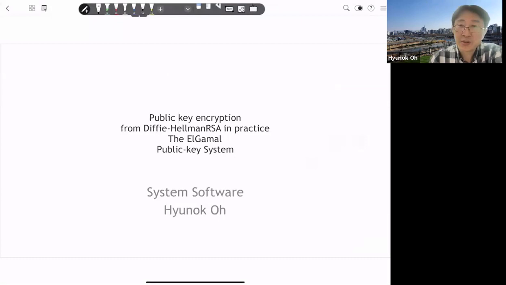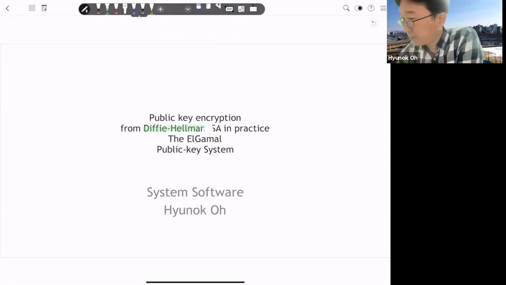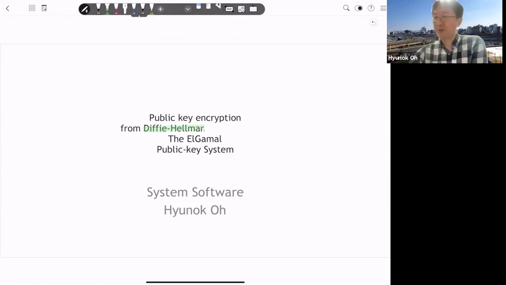Okay, so we are continuing with another scheme. We learned about the RSA scheme, and now we will learn about the Diffie-Hellman scheme. Let's remind ourselves what a public key encryption scheme is.